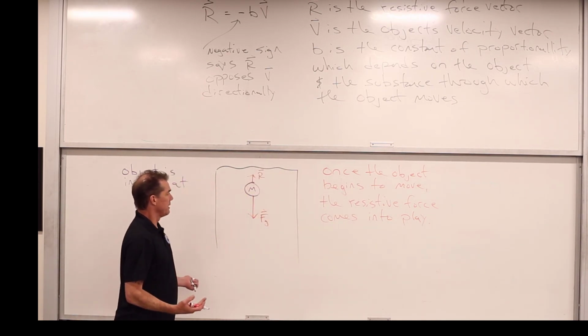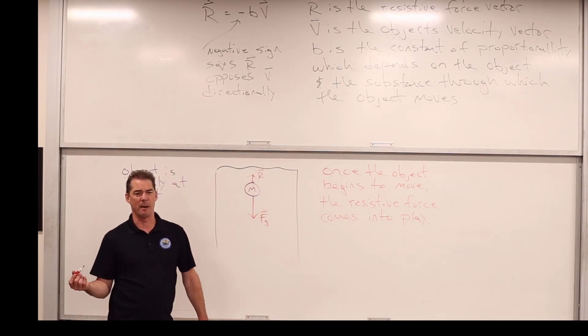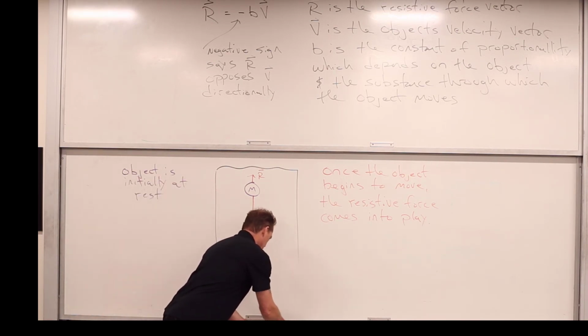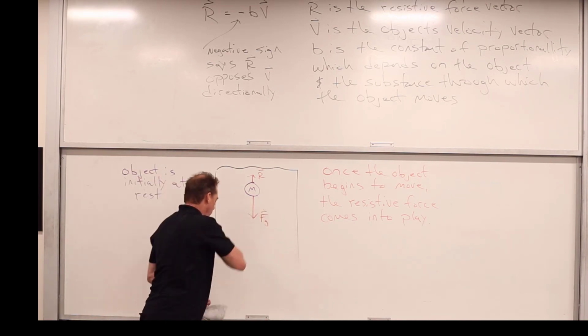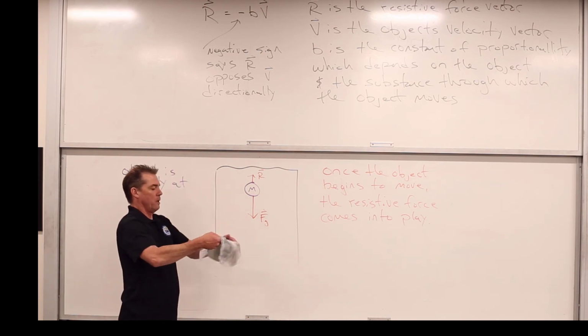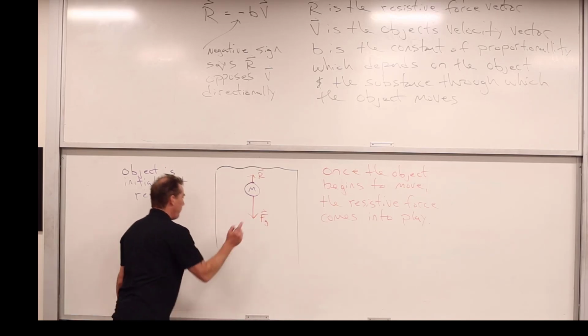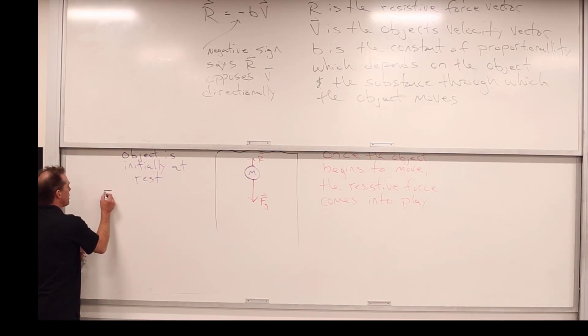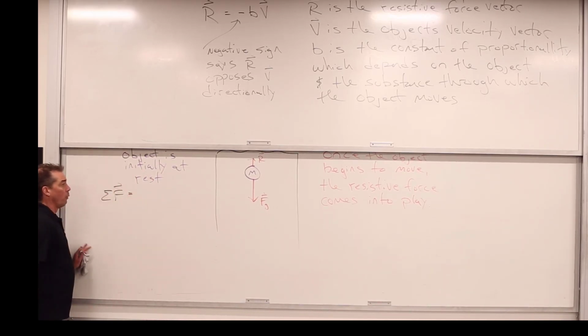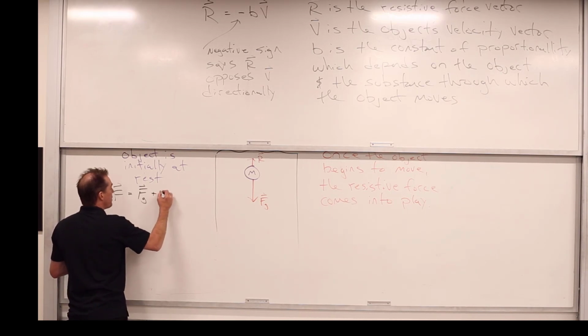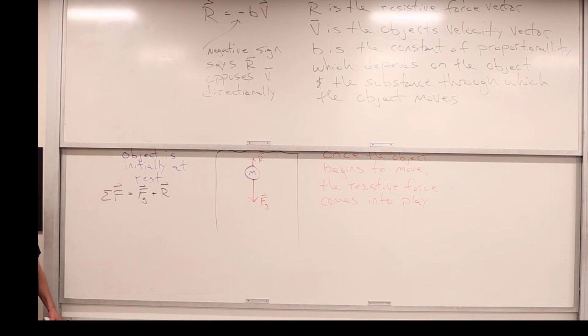So what we want to do is say, well, what's the net force acting on this object? And can we utilize some of Newton's laws in order to figure out what the actual evolutionary behavior of this object is? So let's just do that. The net force acting on the object will be equal to the sum of all forces acting, which in our particular case is going to be F sub g hat plus R hat.